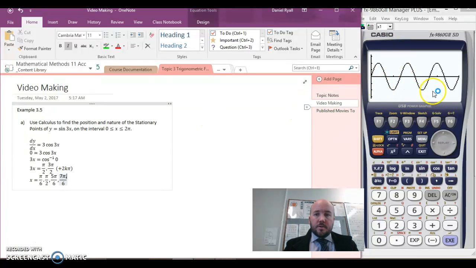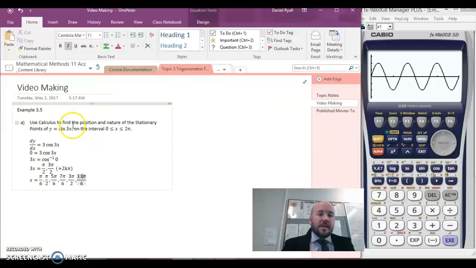So we're 2 complete cycles through, and our third maximum is going to occur at 9 pi over 6, or if we simplify that, 3 pi over 2. And our last minimum is going to be at 11 pi over 6. So 6 values of x for the given domain.